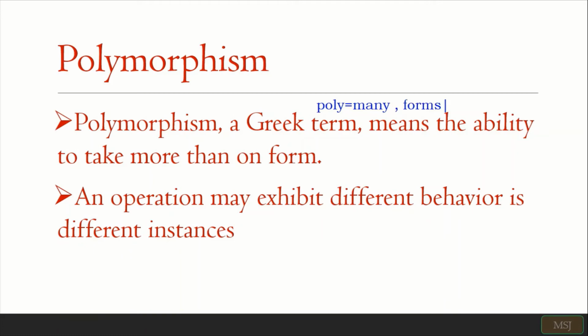Here it means the ability to take more than one form. Sorry, spelling mistake. It's only one form. An operation may exhibit different behavior in different instances. In different instances, an operation exhibits different behavior.